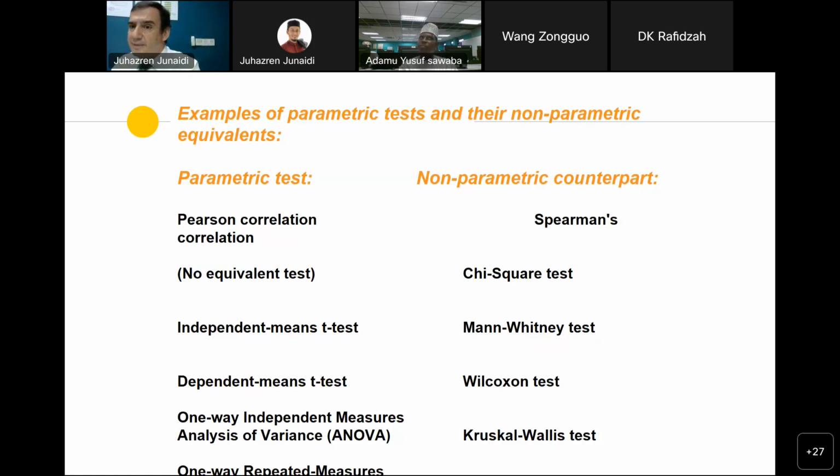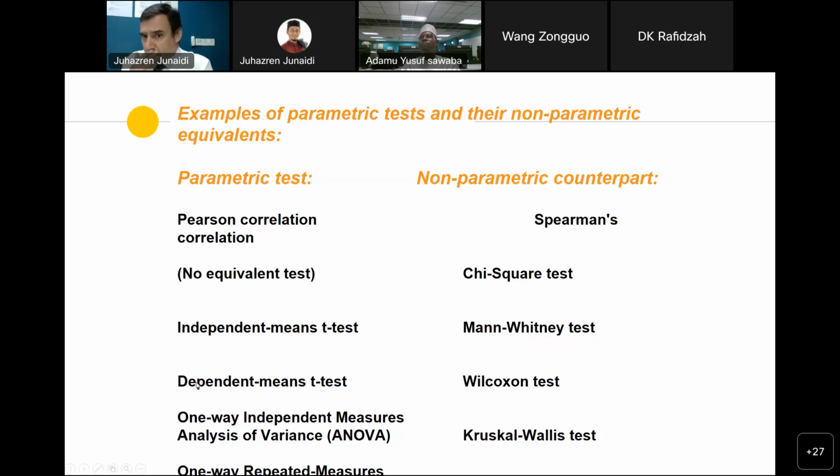If not, you have to do the Spearman's correlation. That's the non-parametric counterpart of it. And if you are comparing several categories, like a matrix of things together, you can use chi-square test.